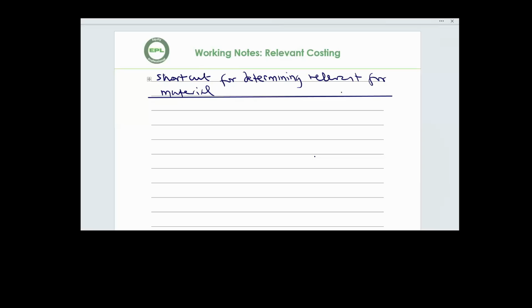Now, when you talk about relevant cost of material, let me put it this way.